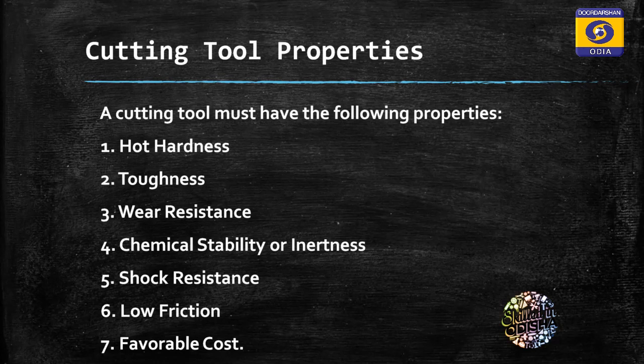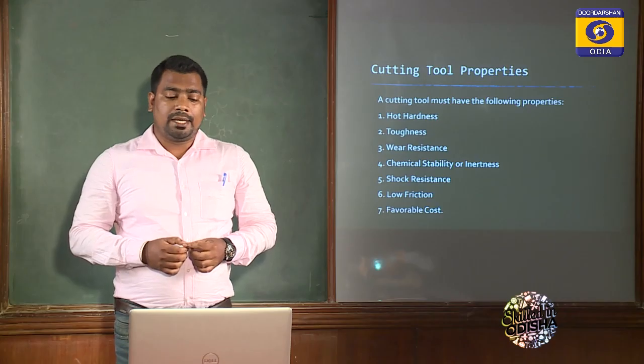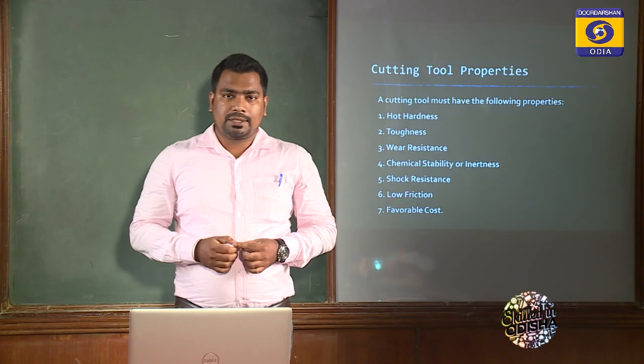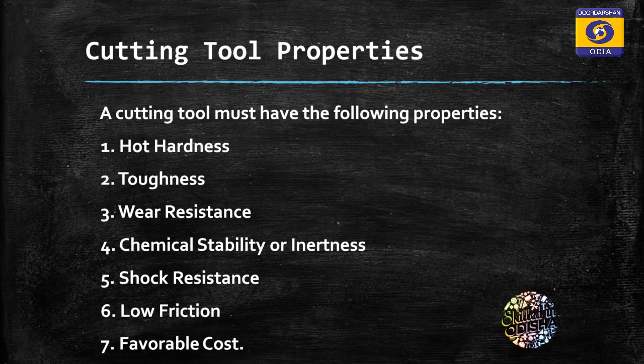Then the next property is toughness. For any cutting tool material, toughness is an important property. Then it must have wear resistance, that means it should not wear out very soon.